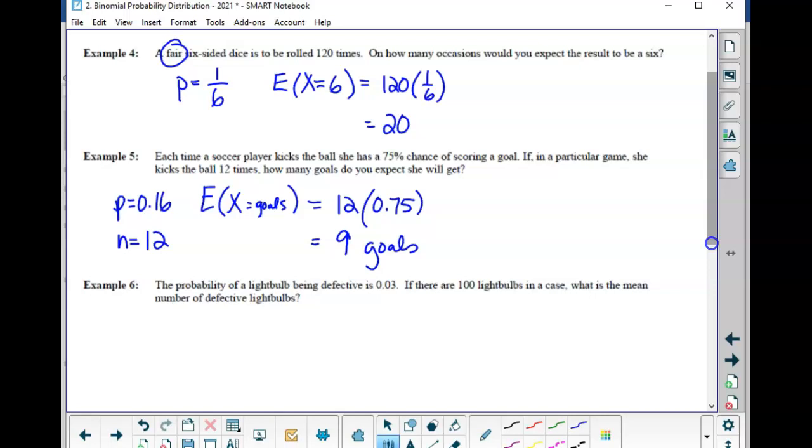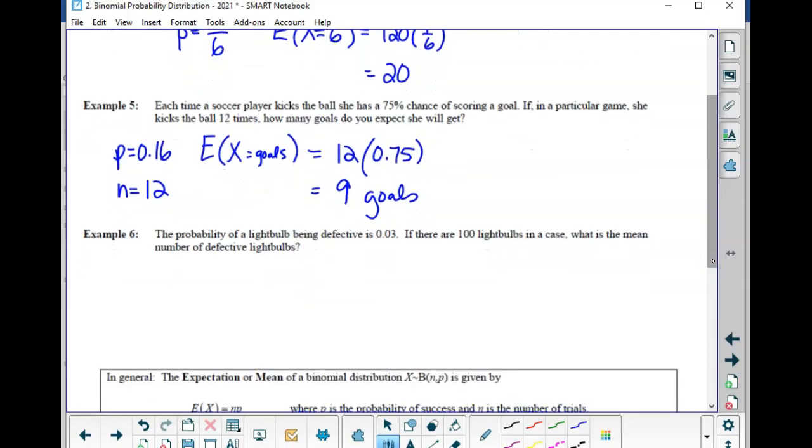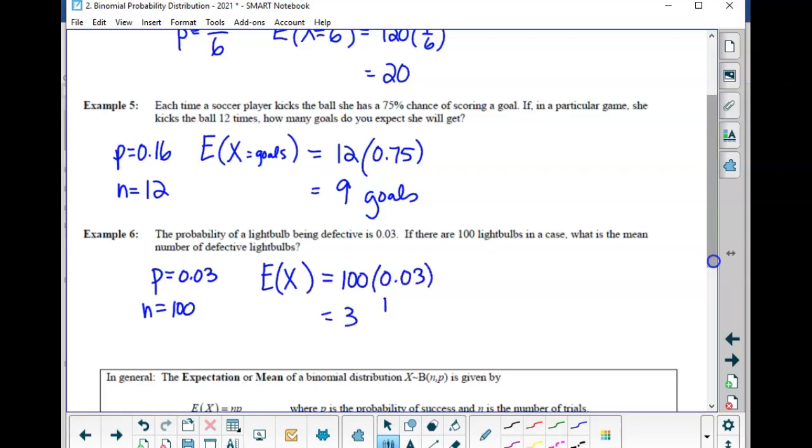And then the same thing again in the next one. Probability of being defective is 0.03. N is 100. So the expected value or mean of the number of defective light bulbs would be 100 times 0.03. So 3 light bulbs.